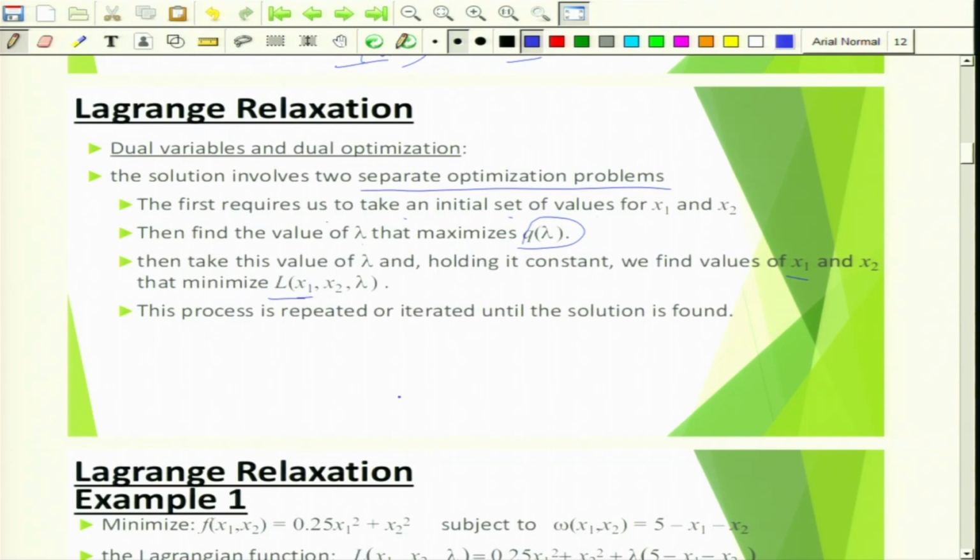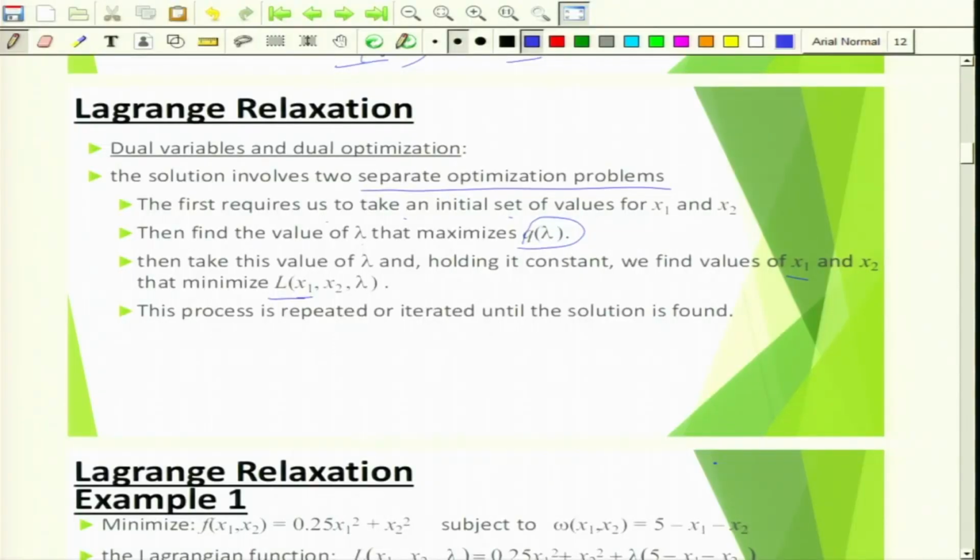That means first you initialize the variables, then obtain lambda for the values that you have taken such that for that specific lambda you get maximum of q of lambda, and then take this value of lambda and holding it constant, you obtain again x1 and x2 such that you minimize now the overall Lagrangian function. Now this process is repeated or iterated until the solution is found.